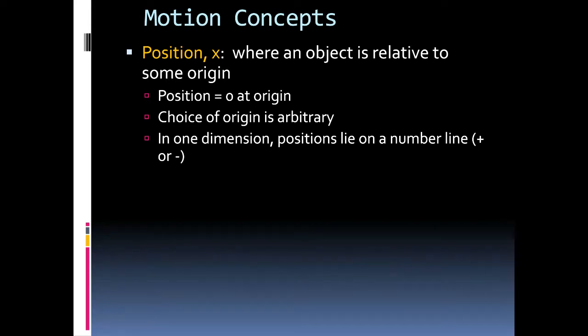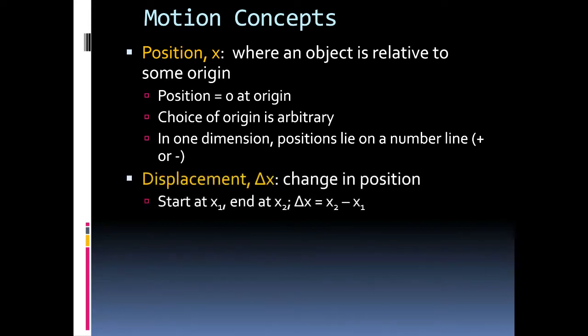So displacement will be a change in position. You have a starting point and an ending point, and we will label that starting point typically with x sub 1, and that ending point typically with x sub 2. In your book, they use f's and i's for final minus initial positions. What I have here is our change in position, and I'm using the Greek letter delta for change in. Change in x is change in position. We would say it equals the final position minus the initial position.